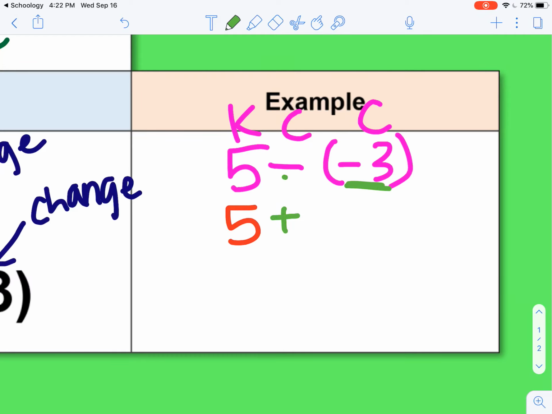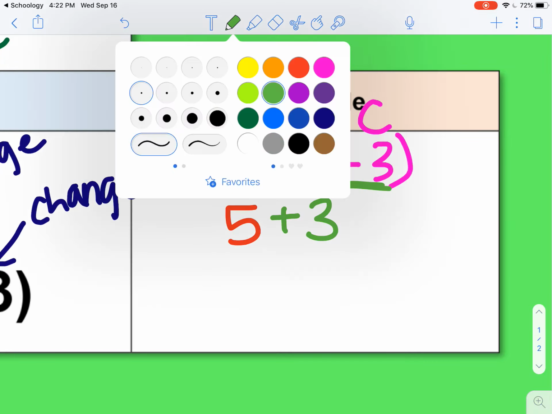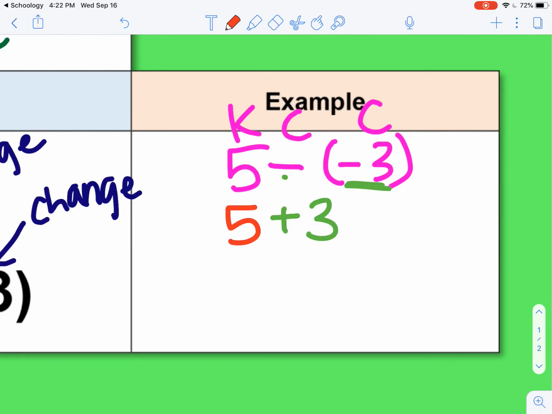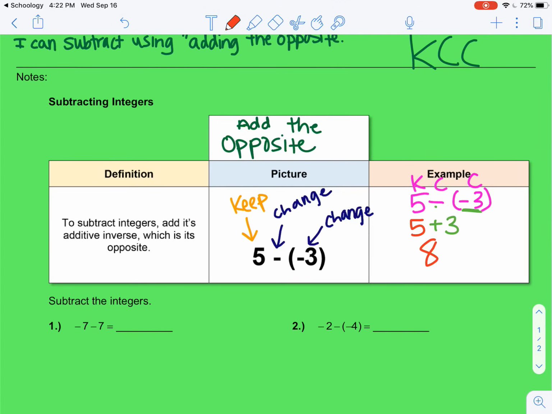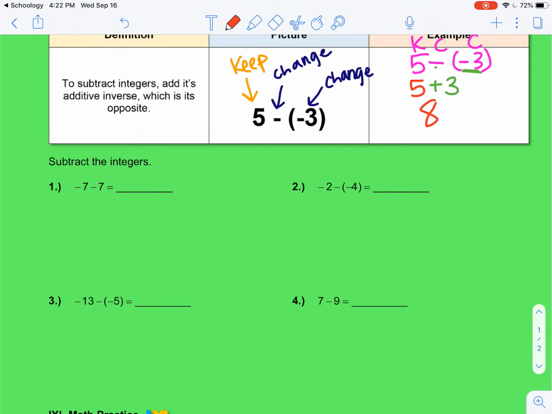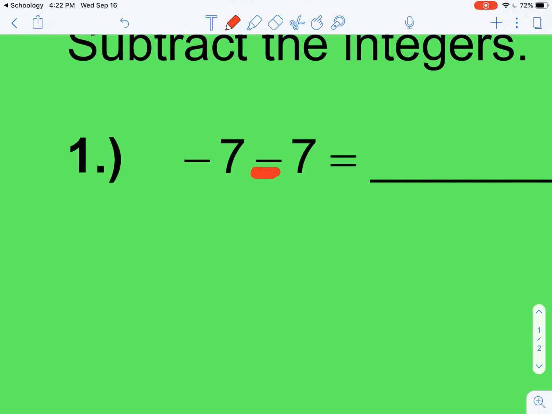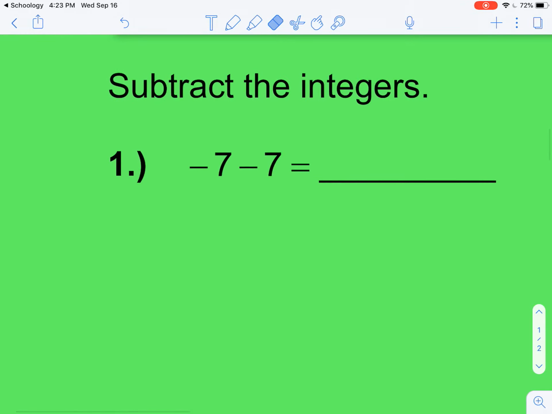Change this negative 3 to a positive 3. So now we can easily figure out 5 plus 3 is 8. Okay, so that's what keep, change, change is, or add the opposite. Now, this only works when we are subtracting. Alright, let's practice a few more.